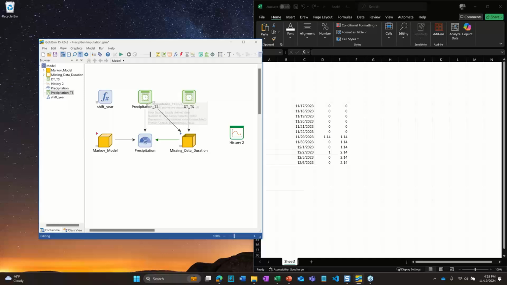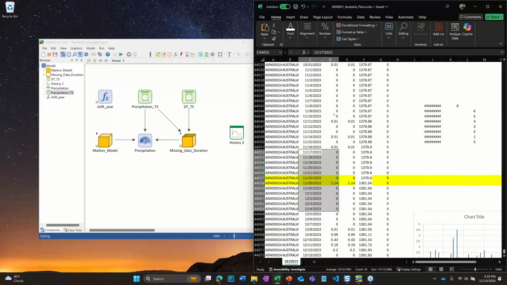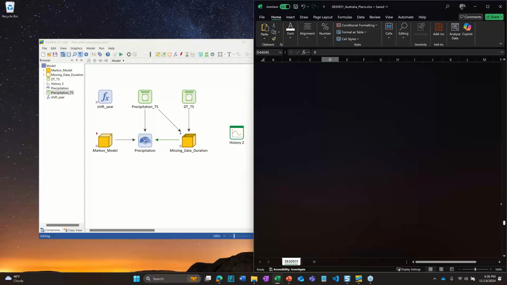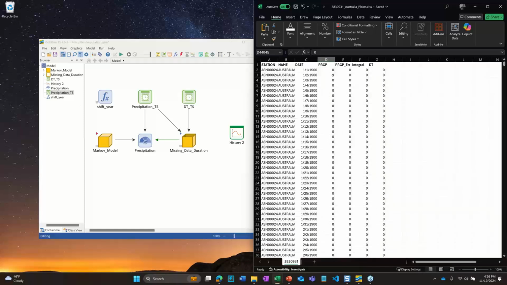So here we have this data with some problems in it. And obviously, we want to put this into Excel and do some analysis, and that's what I've done here to get a look at it. There are a couple of things that you'll want to always do when you work with data in GoldSim like this.